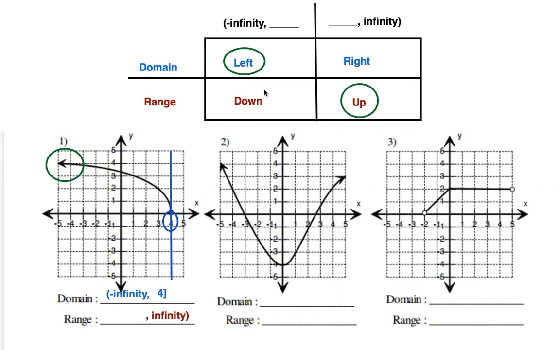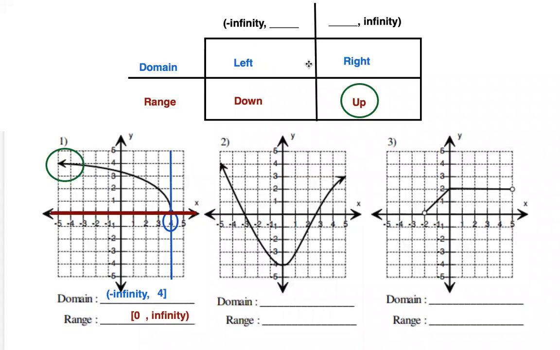Now the downside, the bottom of my graph, is right here on the axis. That's where the bottom of my graph lies. Anytime I have a line along my axes, that is going to be a 0. And again, there's no open circles here. So that's a closed bracket as well. So my domain, negative infinity to 4, my range, 0 to infinity.